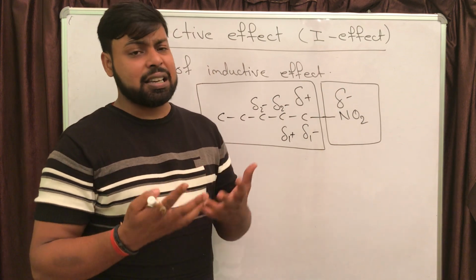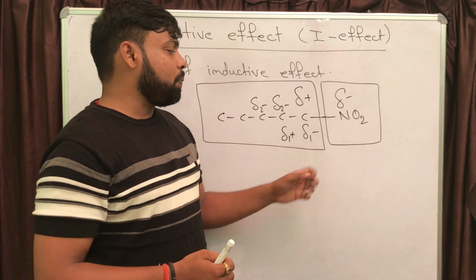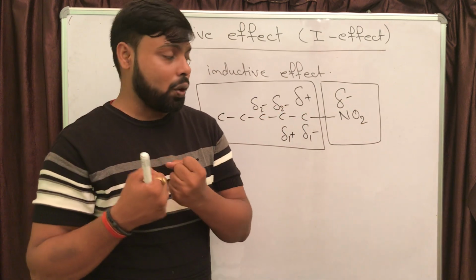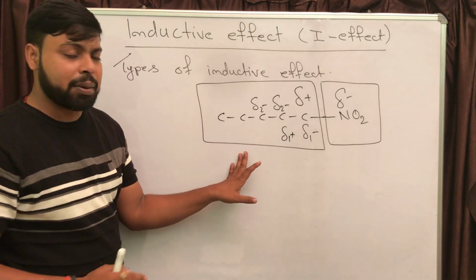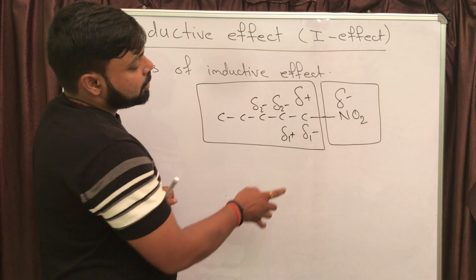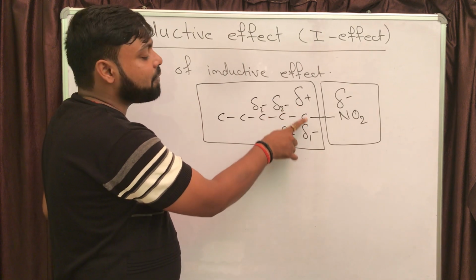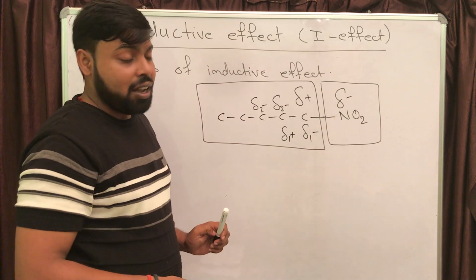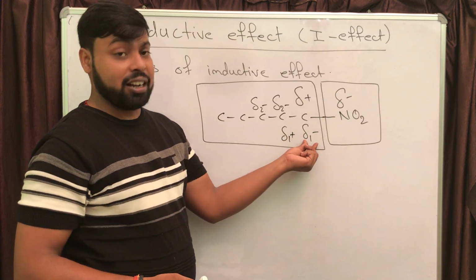What is happening? I can say one thing. This NO2 group, the polarizing group, is withdrawing electron from this carbon chain. If you observe this carbon chain, just observe the alpha carbon. Alpha carbon has delta positive and delta 1 negative. Earlier I was discussing that the numerical value of delta is more than delta 1.